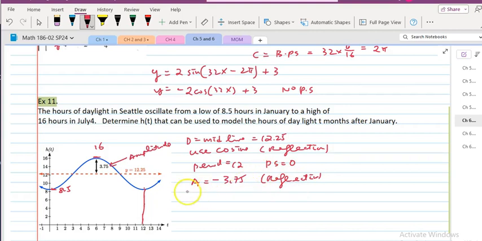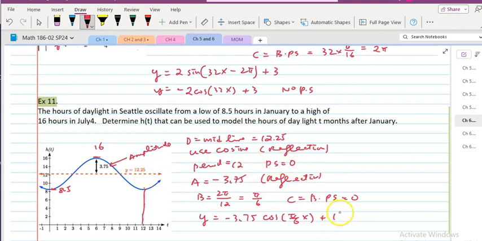So I have A, do I know B? B is equal to 2 pi over the period, which is 12. So it's pi over 6. And then C is B times the phase shift. Oh, that is equal to 0, so we don't have to do anything. So the function will be y equal to A, negative 3.75, cosine of B, pi over 6 x, plus D. D is the midline, 12.25.